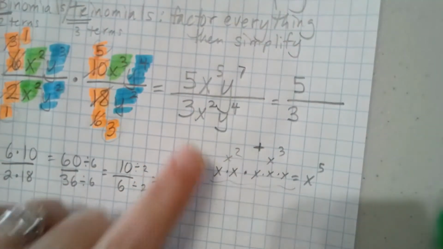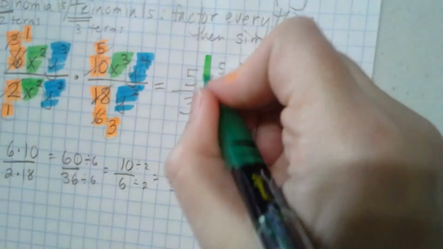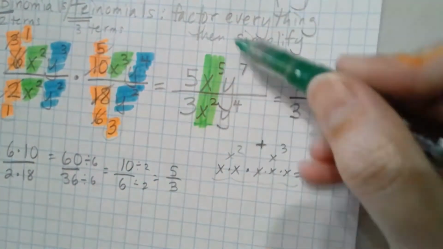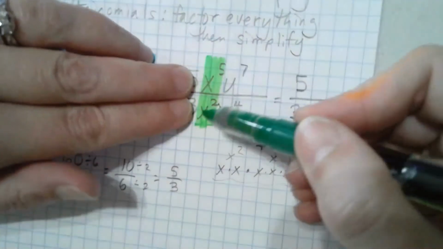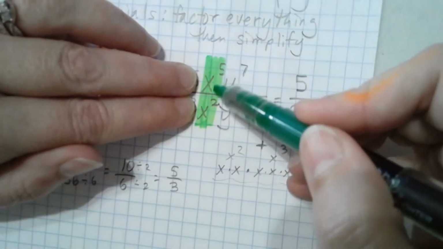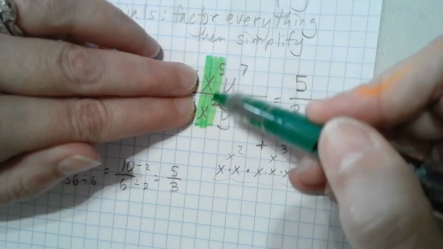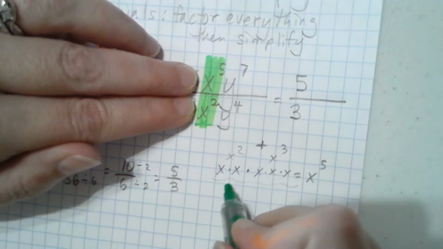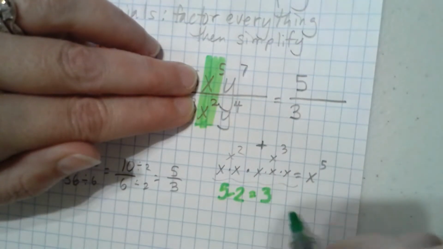They can't reduce anymore. So now we're going to look top to bottom. So top to bottom here, I have x to the fifth, which means I got 5 x's on the top, and I have x squared, which is 2 x's on the bottom. So when we go top to bottom like this, what do we do with these exponents? We subtract them. 5 minus 2 makes 3. So I'm going to have 3 x's. That's x to the third.